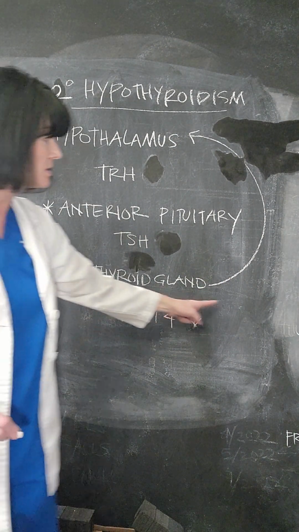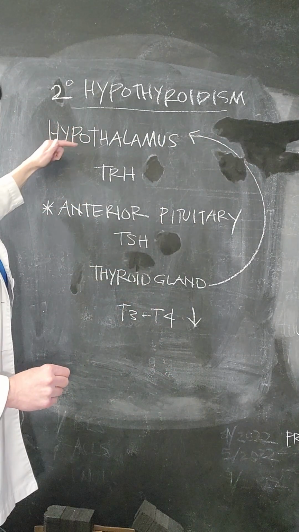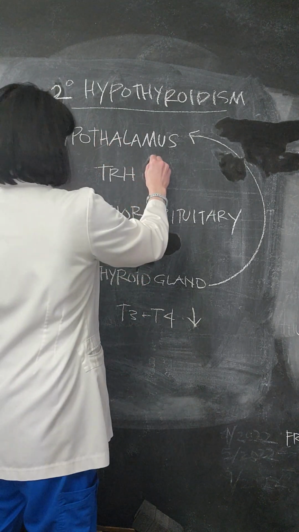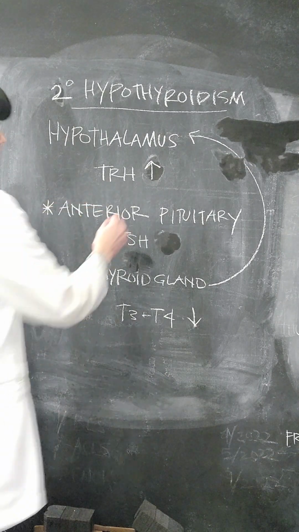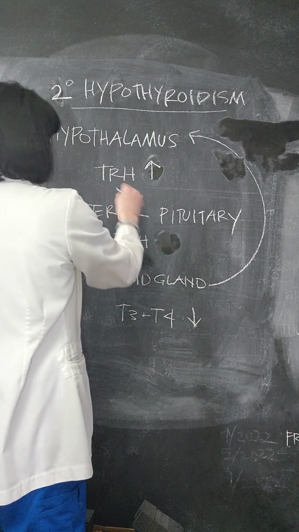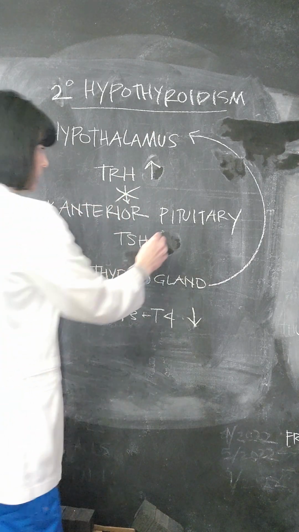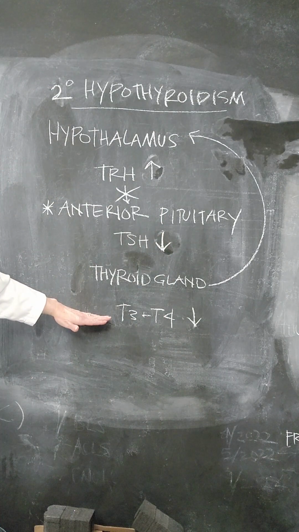The negative feedback system kicks back up to the hypothalamus and says, hey, produce more thyroid releasing hormone. So the hypothalamus does. It releases more. Now, unfortunately, when that thyroid releasing hormone goes to act on the anterior pituitary, it does not work. So in that case, thyroid stimulating hormone stays decreased, as well as T3 and T4.